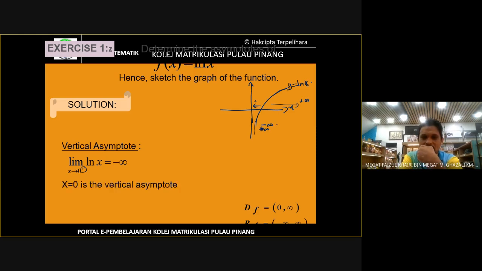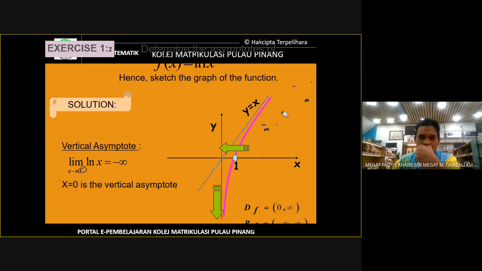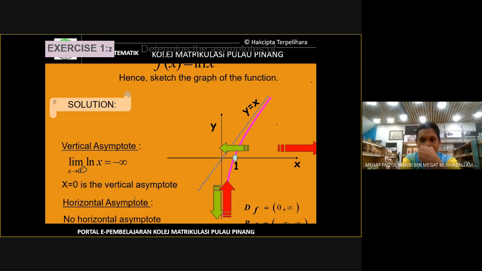And then x equal to 0 is the vertical asymptote. So that is the movement of the graph. No horizontal asymptote.